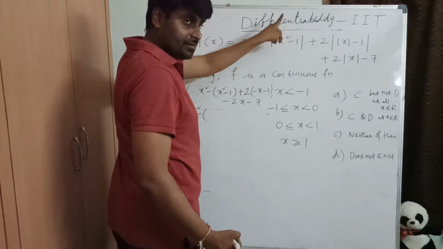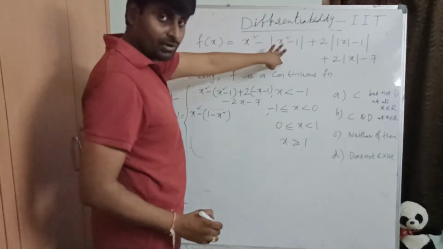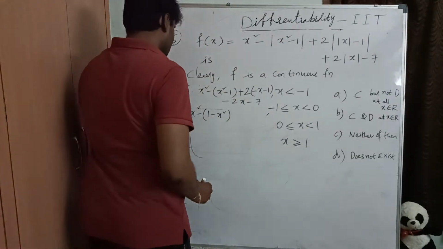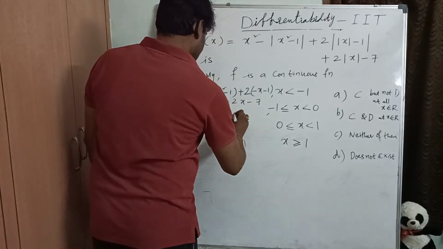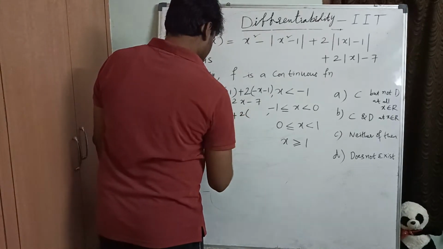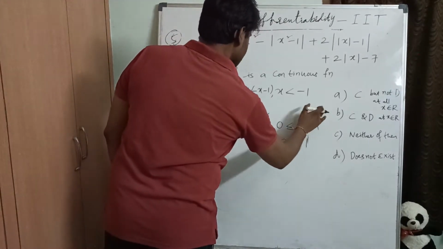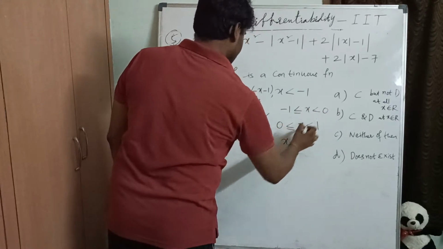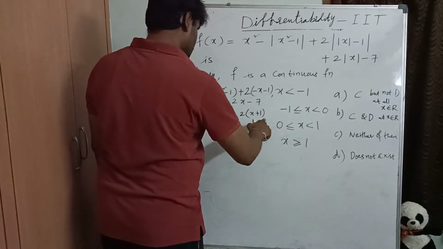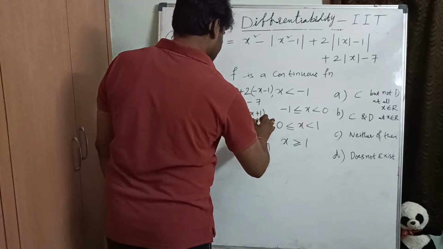So negative means reverse: 1 minus x square, that is minus of x square minus 1. So minus of 1 minus x square, plus 2 into x plus 1, for minus 1 less than or equal to x less than 0. So 2 into x plus 1 minus 2x minus 7.